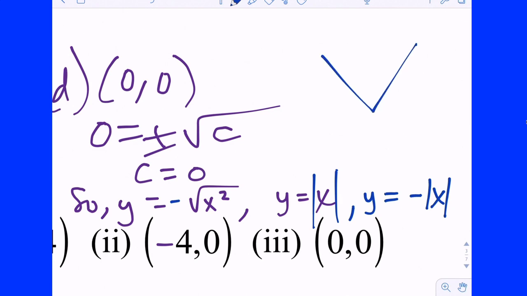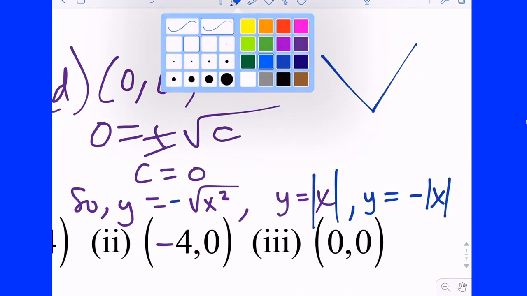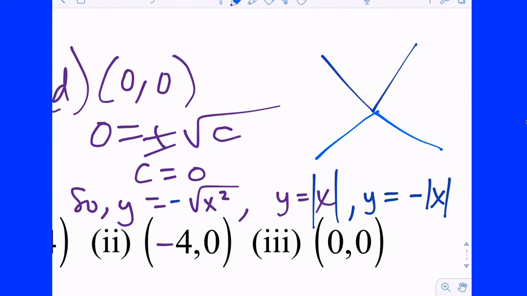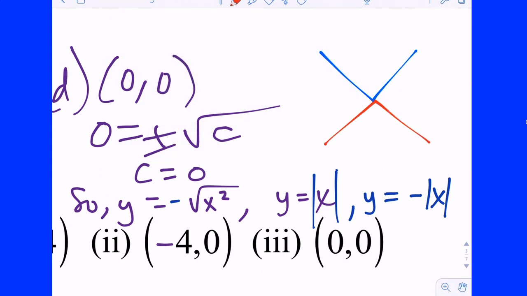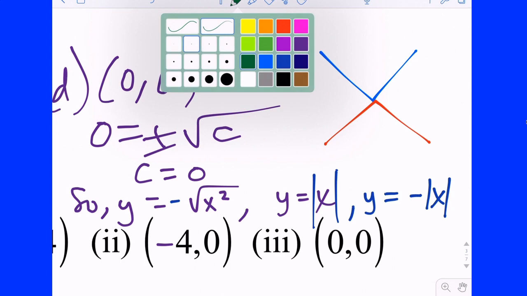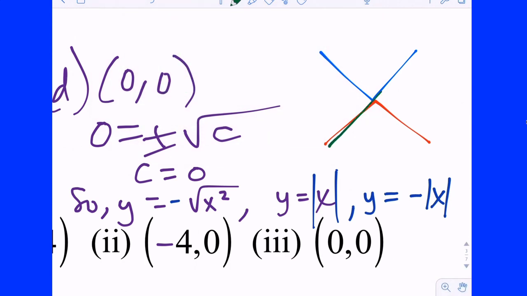So it would be that opening up, or it would be that opening down, which means it could either be plus or minus absolute value of x, because they share the vertex at the origin, or it could be the line y equals x and the line y equals negative x. It could handle both of them.